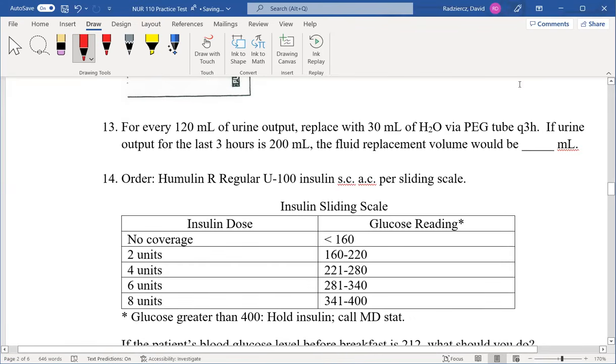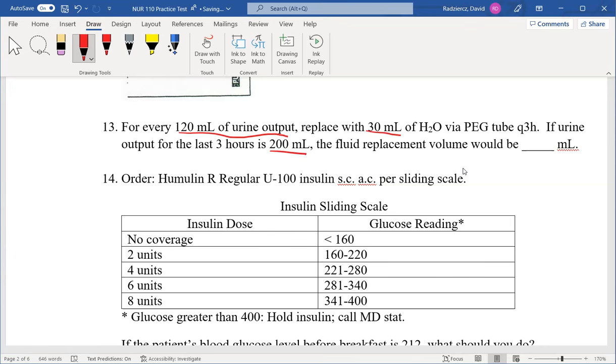Oh, okay, there is a fluid output question here, so that's good. All right. So there's a little bit of nuance, and I went over this when we initially got together at the beginning of the semester, but it's always worth looking at. There's a couple pieces of information you're going to be given, kind of like your expected output, your replacement volume, and then what was actually voided.